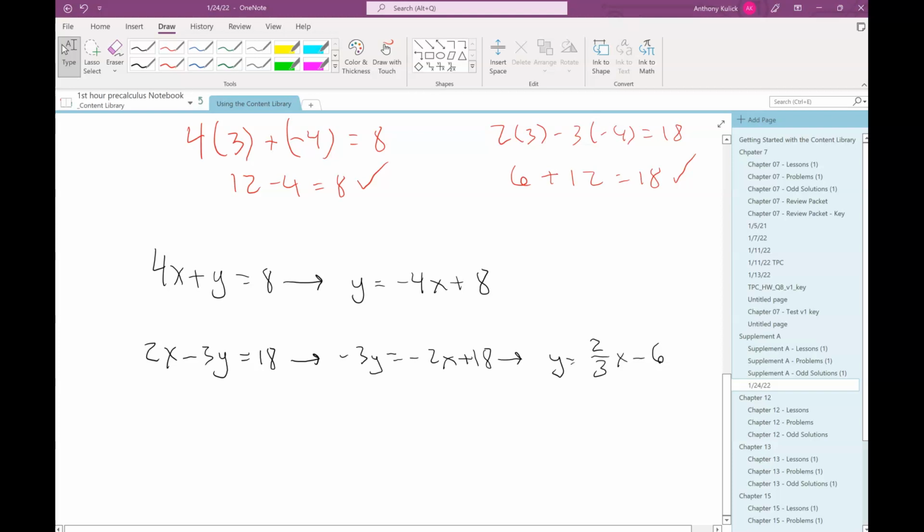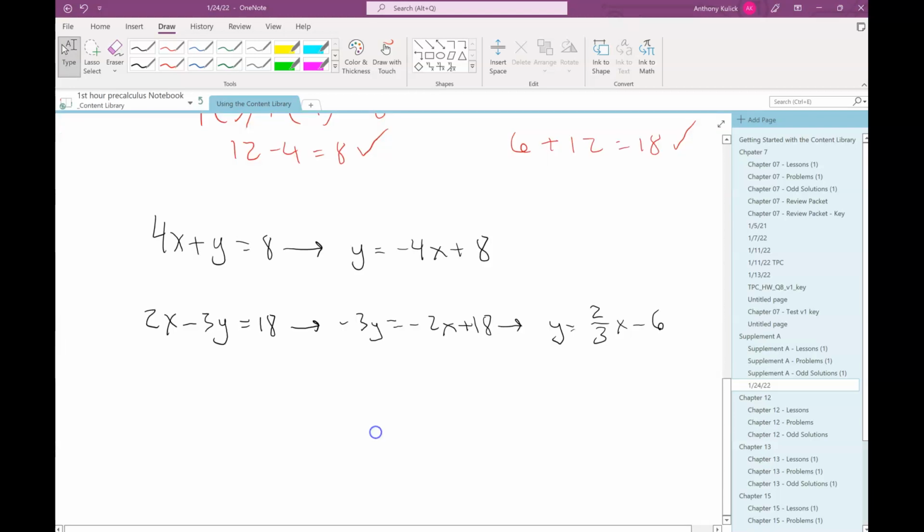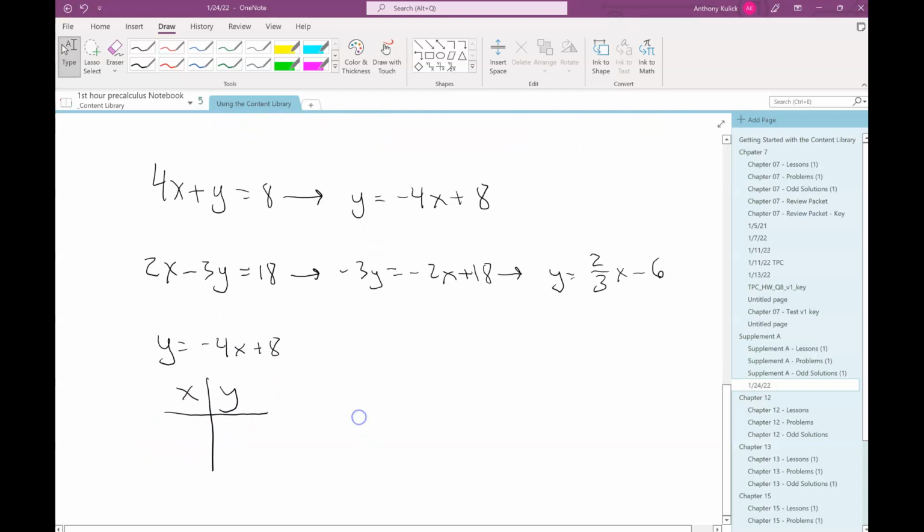We okay there? And then I'm going to make an XY table for each of these. If I'm going to do this by hand, I would prefer to pick these x's so that they're relatively far apart.